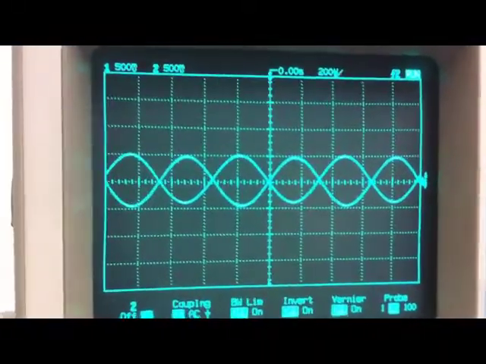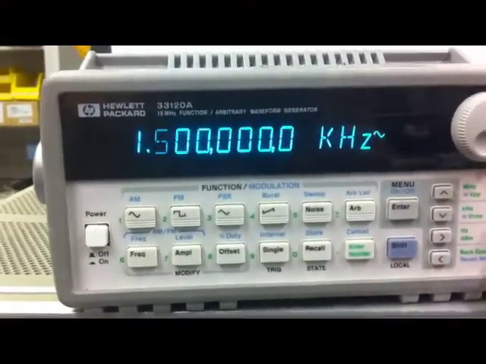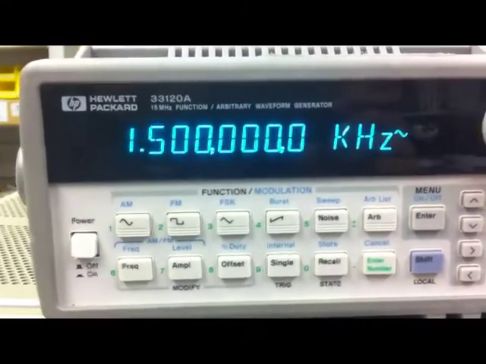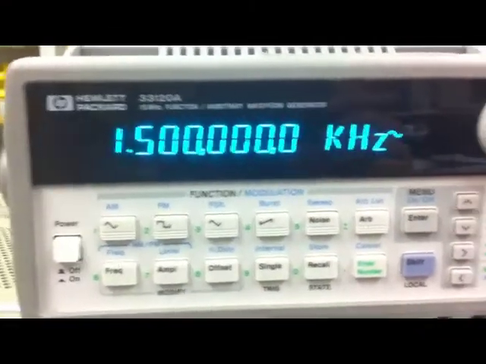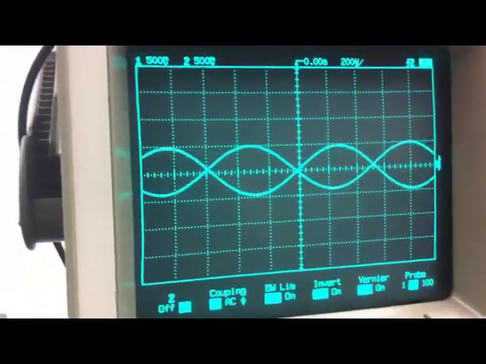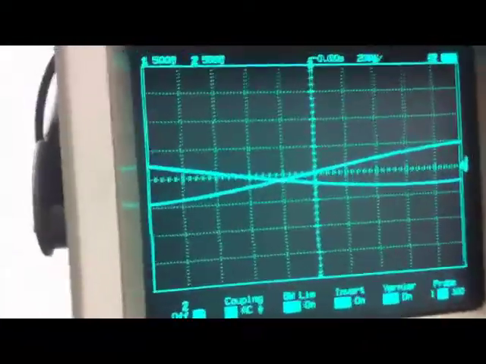So now what I'm going to do over here on the function generator is slowly reduce the frequency until we reach our corner frequency, which is calculated at about 159 hertz. And then once we reach that, you'll start to notice something interesting happen. So right now we're at about 200 hertz.